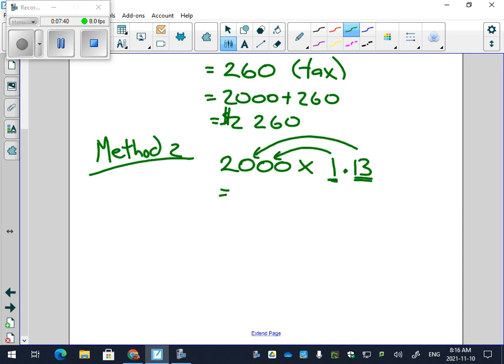So simply put, 2,000 times 1.13 is 2,260. Again, this is where I would hope you would go soon, but you have to understand why that works that way, so you don't make mistakes when we do discounting, where you take money off. So we're going to practice today. Good luck. Ask lots of questions.